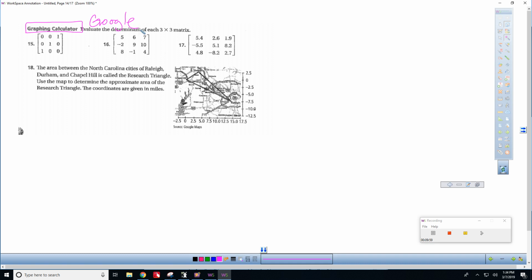Now, there's a cool little fact, I guess, that the area of a triangle is equal to 1/2 times the determinant of a 3 by 3 matrix defined by the triangle.